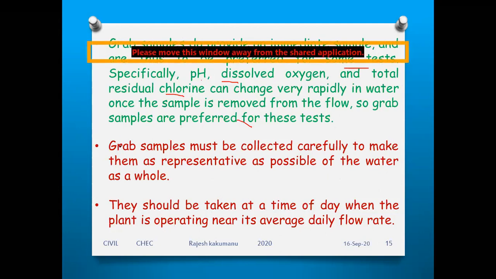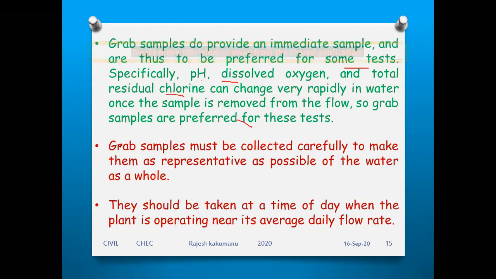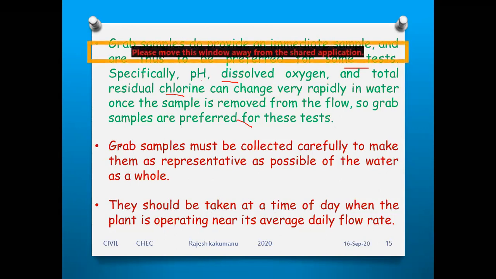Next, grab samples must be collected carefully to make them as representative as possible of the water as a whole. So whenever you are collecting grab samples from the whole water, you have to collect very carefully without any disturbances, in hygienic conditions. The water should be collected and protected, and should not be mixed with other nutrients or other chemicals, in order to test the water condition.